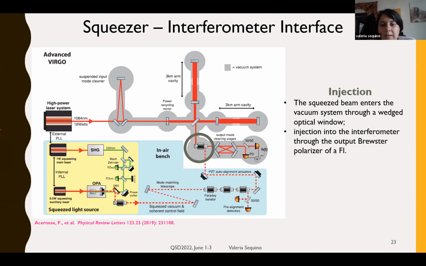Finally, there is another Faraday isolator used for the injection, and all the mirrors of the interferometer are suspended and in vacuum tanks. The squeezed beam enters the vacuum system through a wedged optical window, and this allows the injection into the interferometer through the output Faraday isolator.